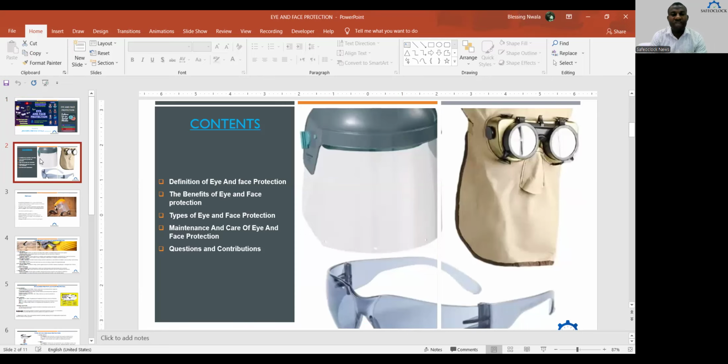We'll look into the benefits of eye and face protection. I'll also talk about some of the types of eye and face protection, and the maintenance and care for this PPE.